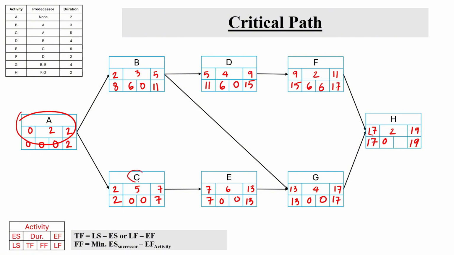And then activity C, E, G, and H. So our critical path is going to be A to C, C to E, E to G, and then G to H. This is our critical path. So if any activity A, C, E, G, or H gets delayed, then the whole project is going to be delayed. That's why it is called critical.